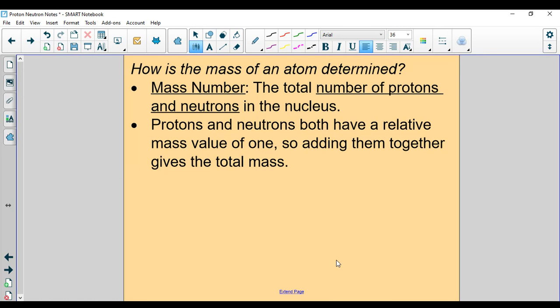Now, the next thing that we can record about atoms based on protons and neutrons is the mass number. What we've recorded through evidence is that protons and neutrons essentially make up the mass of an atom, and they each have a relative mass of 1. So to determine the total mass of the nucleus, we simply add the number of protons and neutrons together.